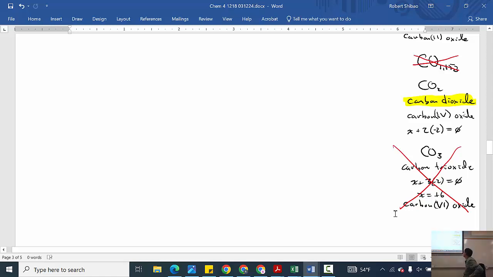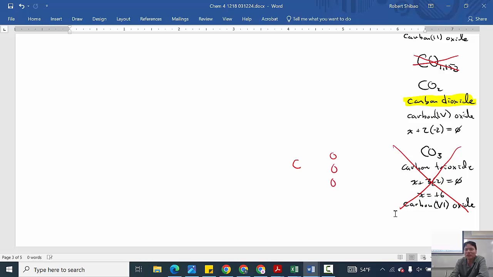If we have 3 oxygens, there's another way of visualizing this. And so if this algebra doesn't work, you can visualize it like this. We have 3 oxygens. Each oxygen is an oxide at minus 2, or 2 minus. And so that gives us a total of minus 6.